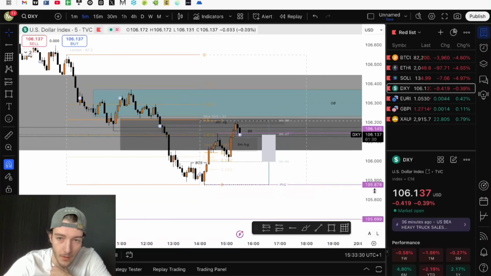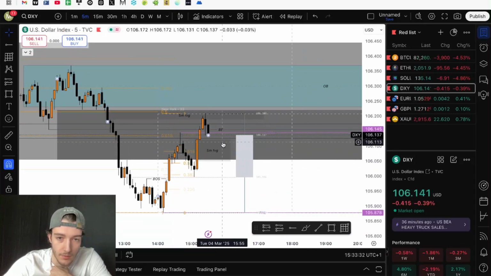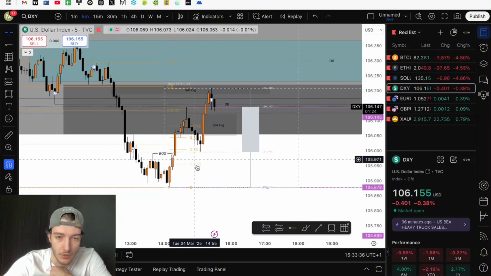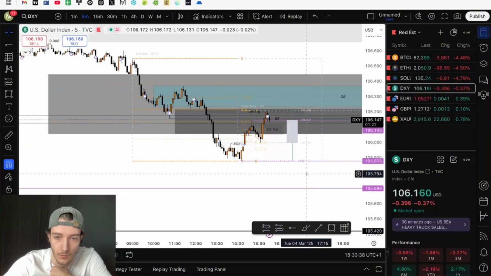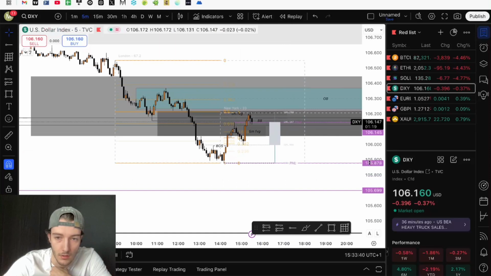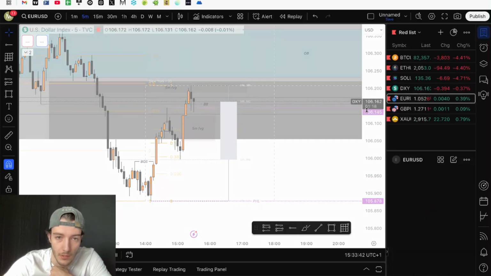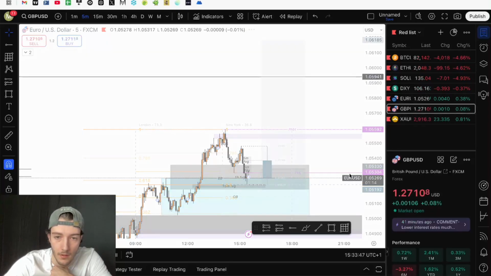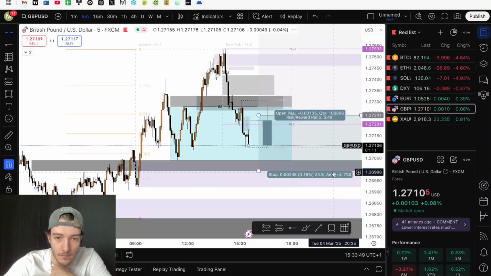But if this gets disrespected, it's obvious that we're going to break structure to the downside and move lower towards these lows here, meaning we're going to move higher towards these highs here, and we can take a nice long.